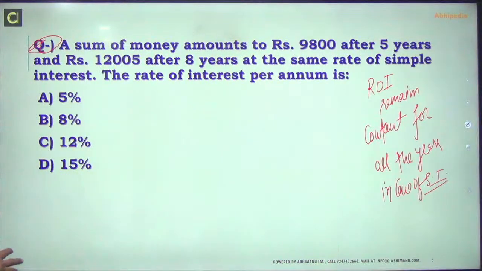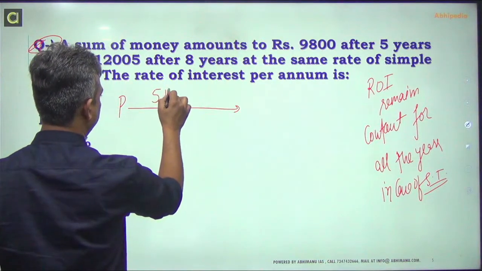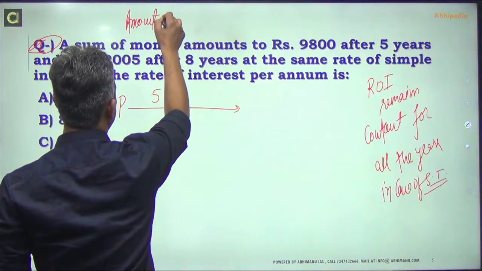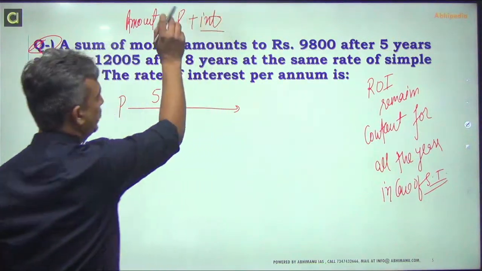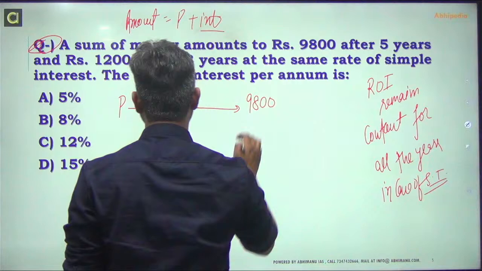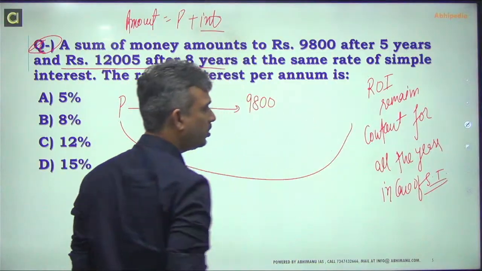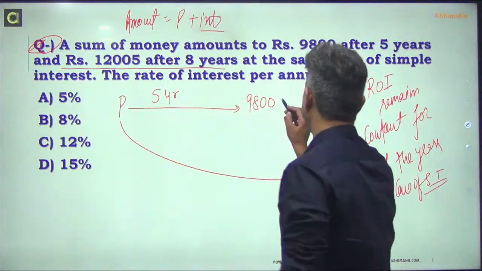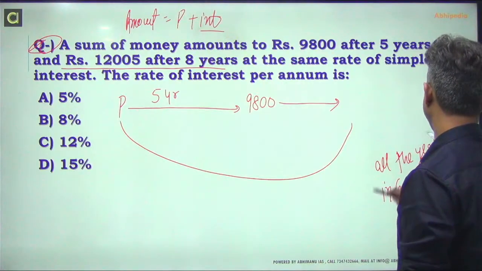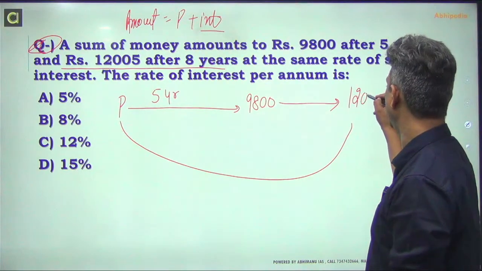So for this, a sum of money amounts to 9,800 after 5 years. It means if we have principal P, then after 5 years its amount, which means principal plus interest, is 9,800, and after 8 years it becomes 12,005.